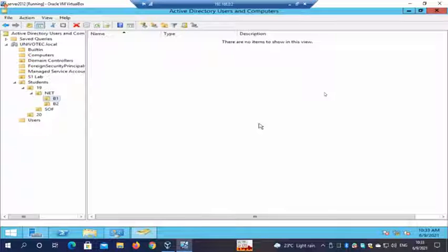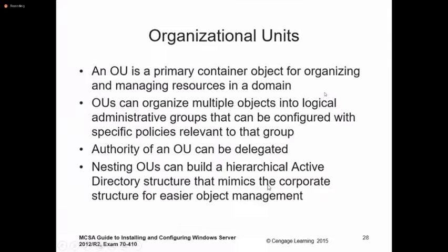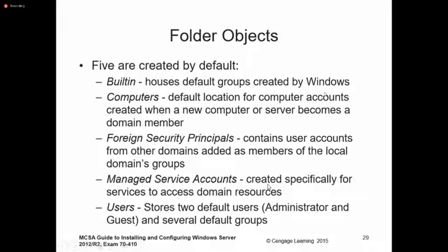That way it will be easy to apply permissions and so on, right? So this is called nesting, what I have done here: creating OUs or folders or groups inside folders or groups or OUs. So that will be easy to manage.